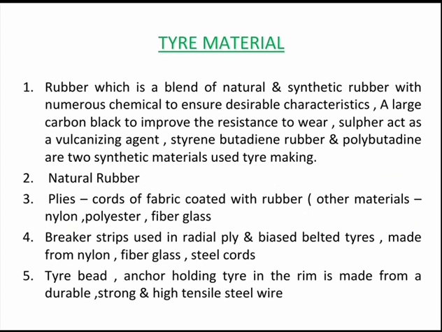Sulfur is used as a vulcanizing agent, giving the tread a longer life. Another component is styrene butadiene rubber, and also polybutadiene. These are the two synthetic materials commonly used for tire making.